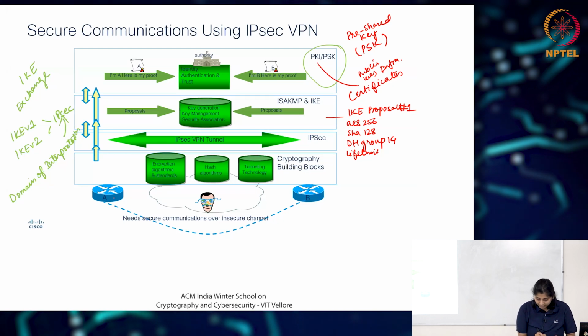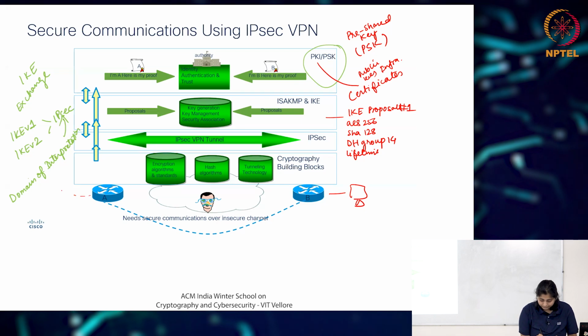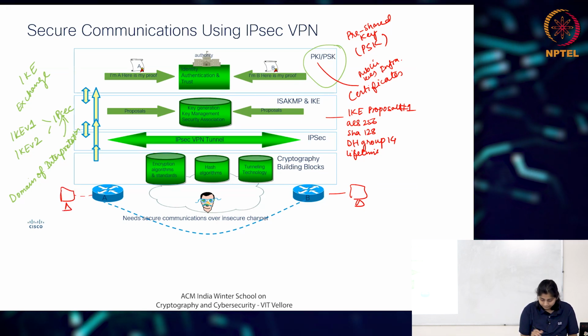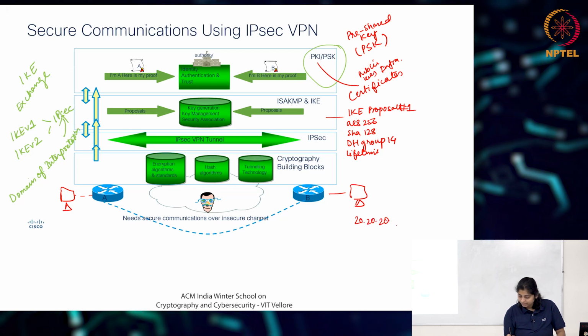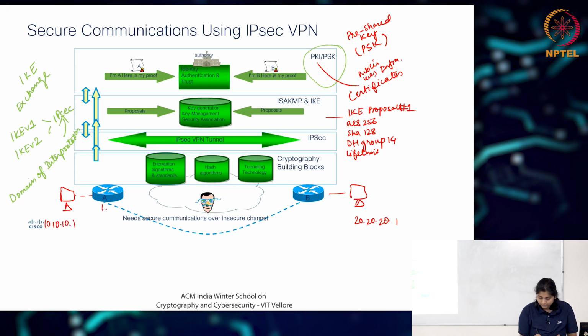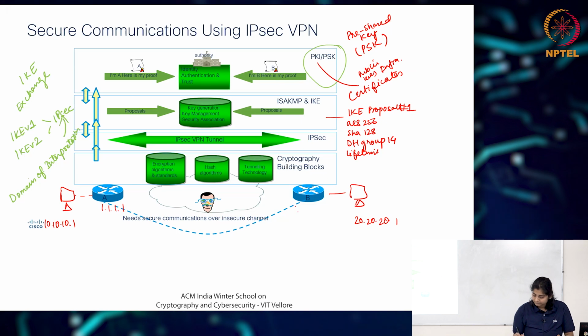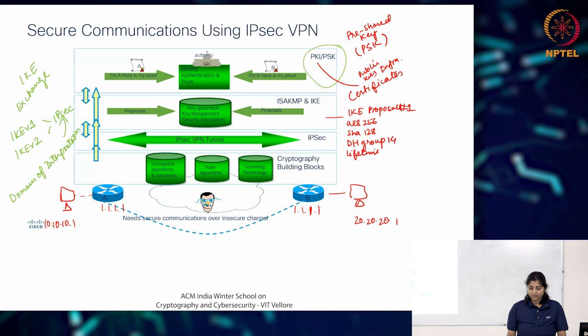Now for example, we have these devices, right? And here there is PC to PC. This was 20.20.1. This is 10.10.10.1.